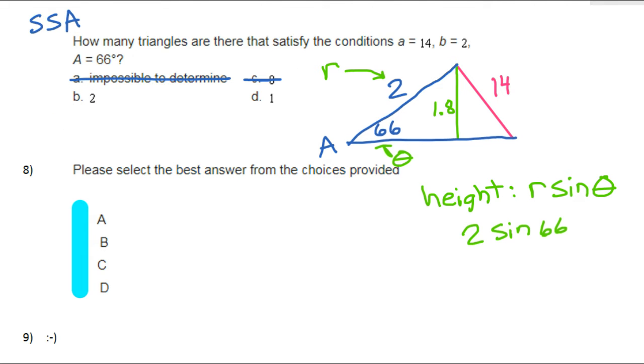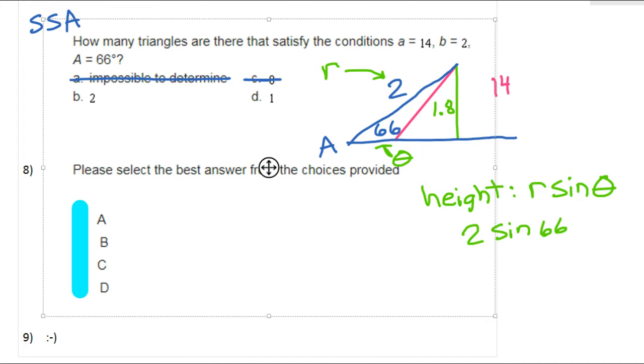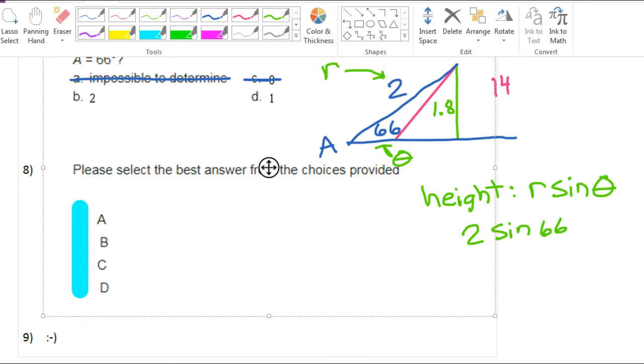Like I mentioned a second ago, the way you get 2 triangles is if this side will also fit in here. Now remember, the length is not changing. This is 14. So, can you fit 14 inside the triangle? Now think about it.